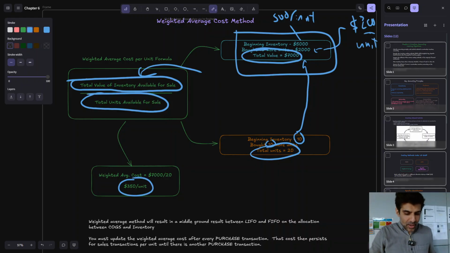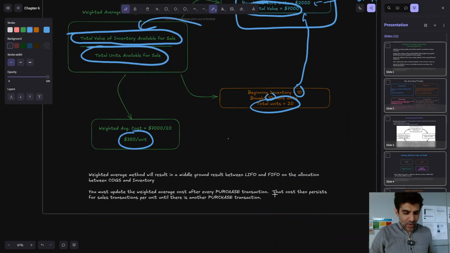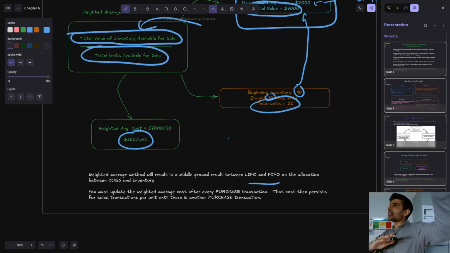Okay, and it's actually going to result in a middle ground between LIFO and FIFO. So with LIFO and FIFO, one will give you the highest cost of goods sold. The big assumption here, though, and I don't want to say highest because it depends, is: what is the normal direction that prices go?